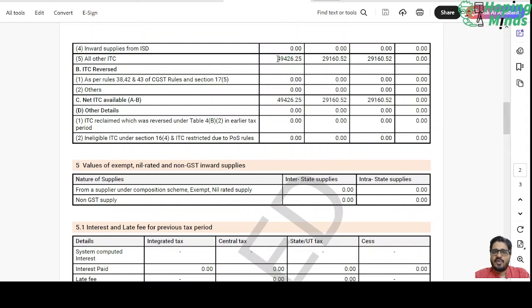It amounts to rupees 49,426.25 under the IGST head and 29,160.52 and the same amount in the SGST head. So we have to verify if this amount is matching with the GSTR-2B amount. So let us see.